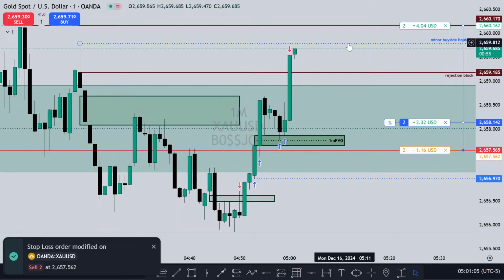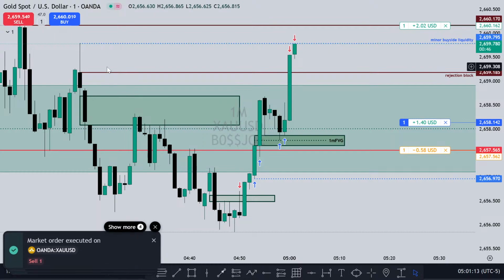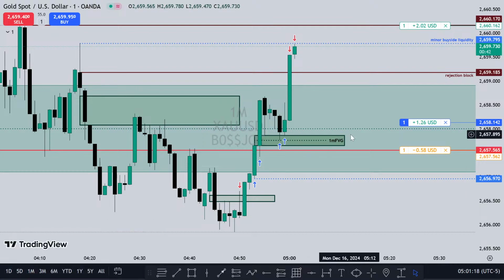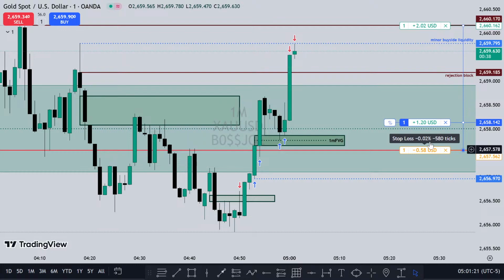One should be out at minor buy side. Okay, that's it. Then it's okay to be stopped out. I can now move this to break even right there.